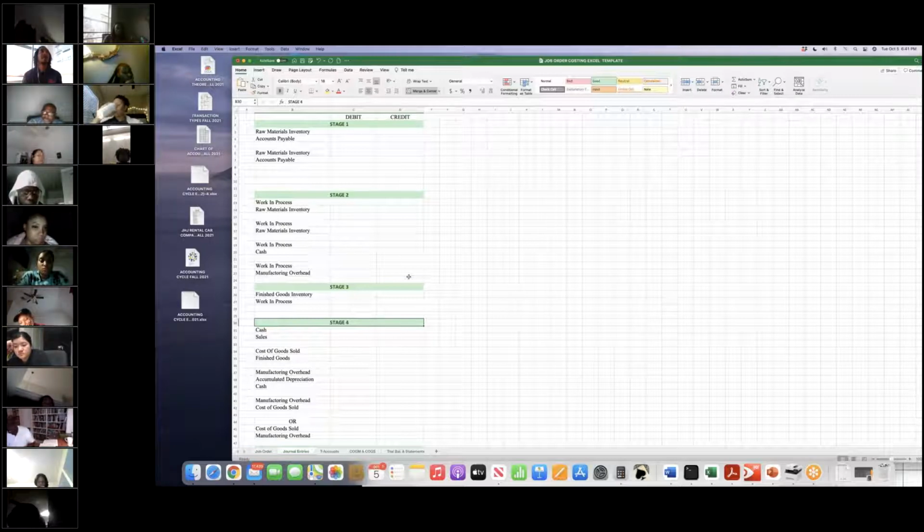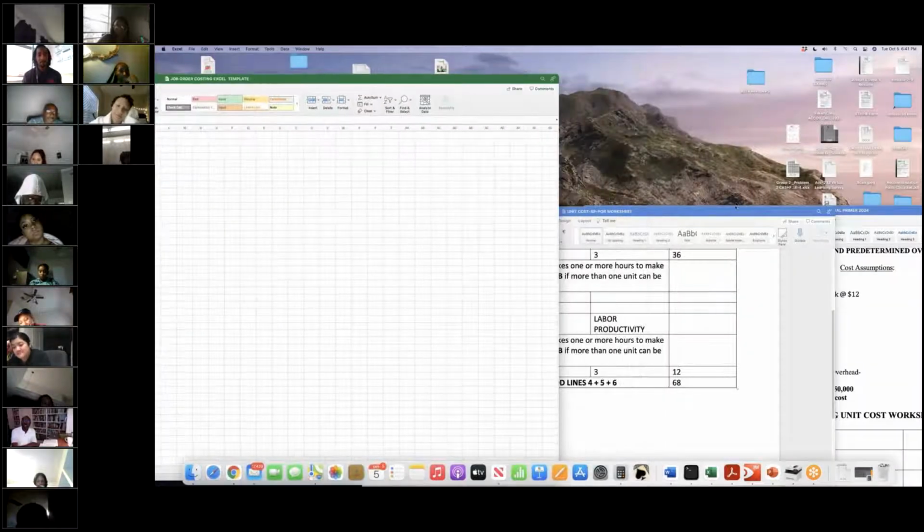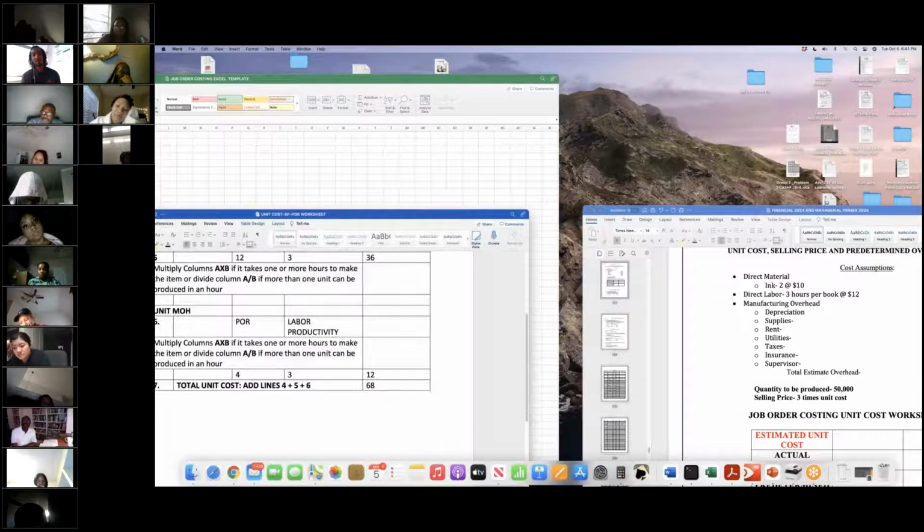Of course, now you had a template for a unit cost, so you've got to work with the template. These are journal entries, and you just have to figure out what goes in each journal entry. Let's see if we can make some journal entries today before we go.